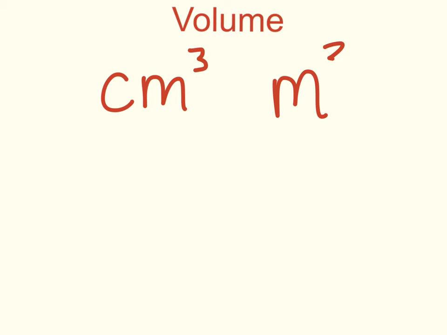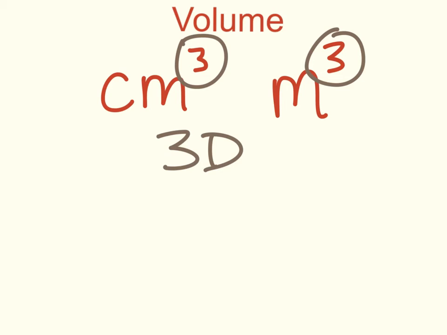Finally, what I want to explain is that you are going to be using the symbol centimeters cubed to find volume, or sometimes you might use meters cubed. Now this thing here, it's cubed. It's because we are looking at 3 dimensions when we look at a box.